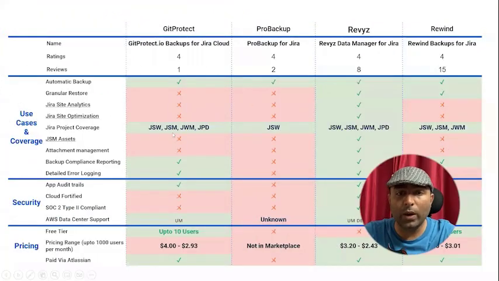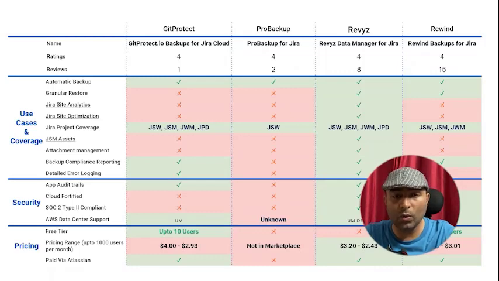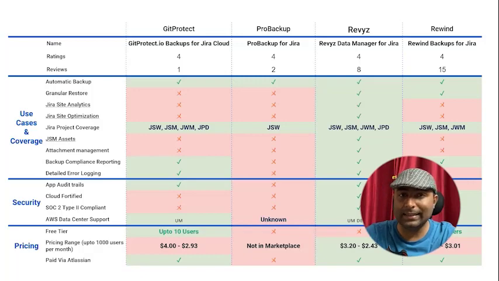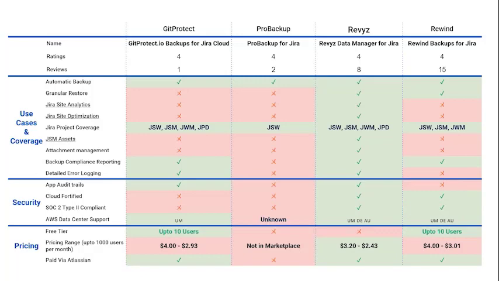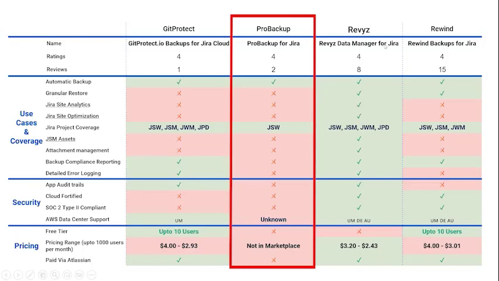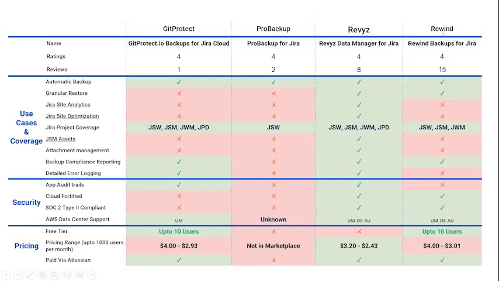To explain it in a better way, I've created this chart to showcase how and where we can utilize this type of add-on within our professional context. Now, coming to all four add-ons here, you can see Git Protect, Pro Backup, Revise, and Rewind.